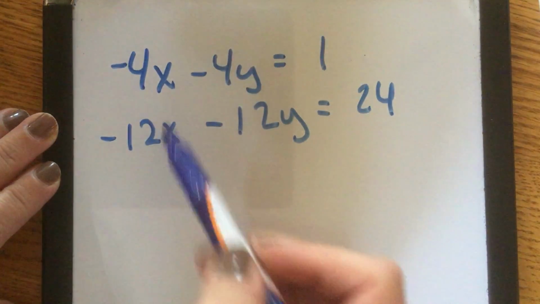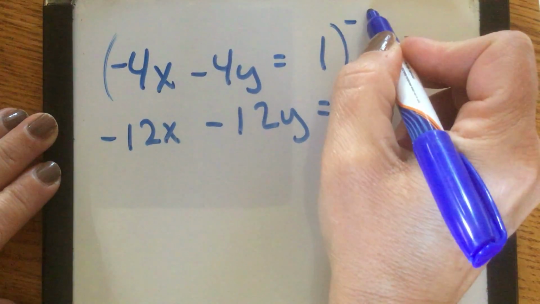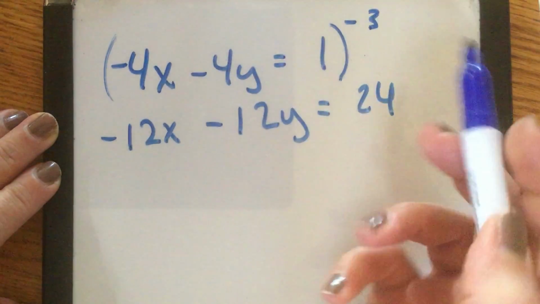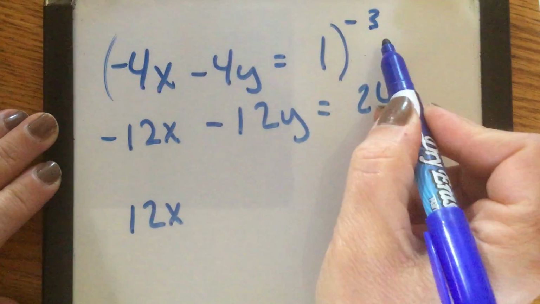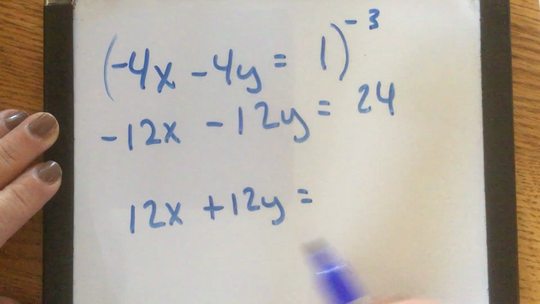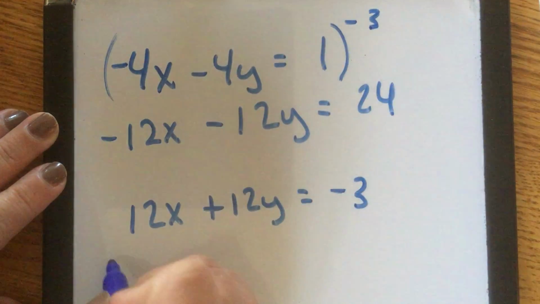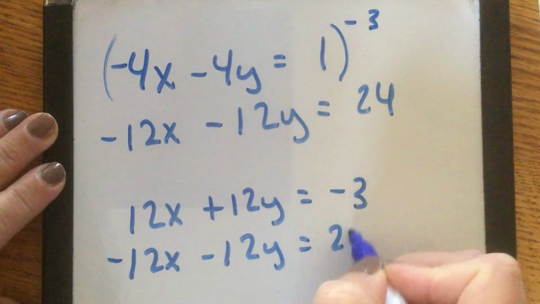So you say, well, I can get rid of my x's here by multiplying by -3 again. Okay, coincidentally, same number. So -4 times -3 is a positive 12x. This -4 times -3 is also positive 12y. And then 1 times -3 is -3. This equation stays the same, so I'm just going to copy it down.